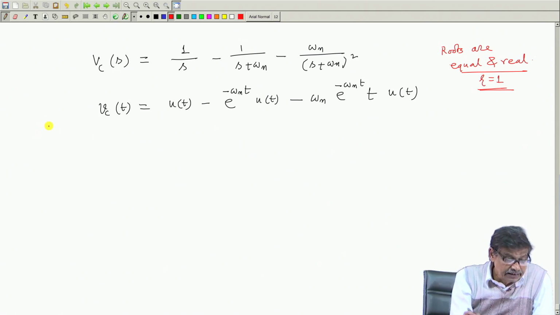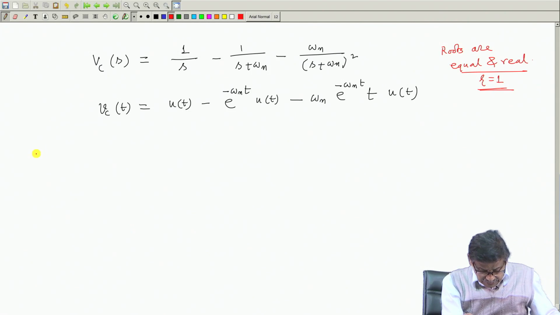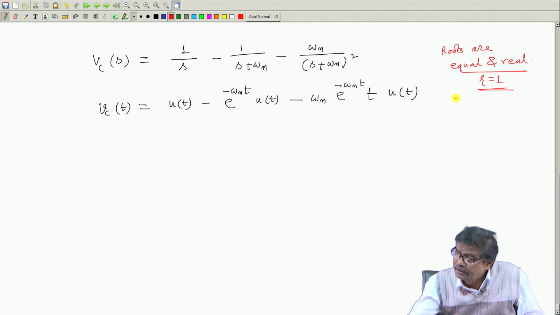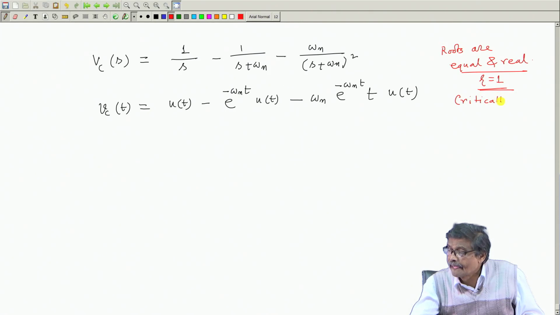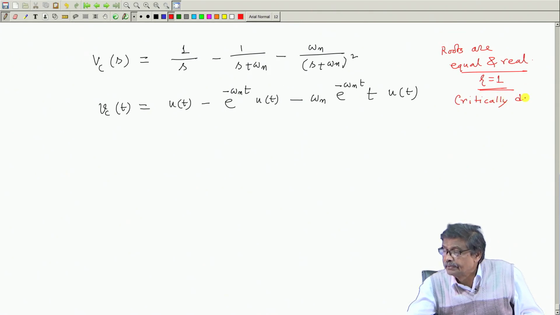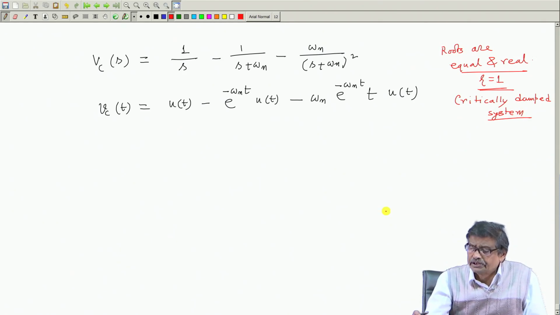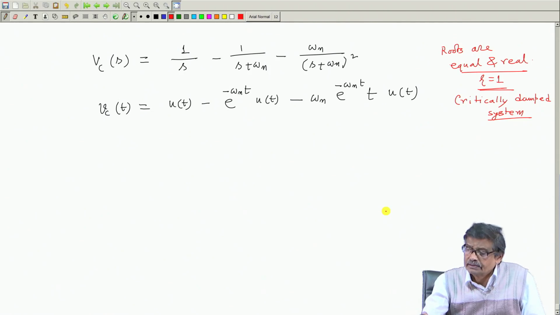Now, case 3 is the last case. This one is called critically damped system. It will be almost like exponential, there will be no oscillations with frequency omega n.